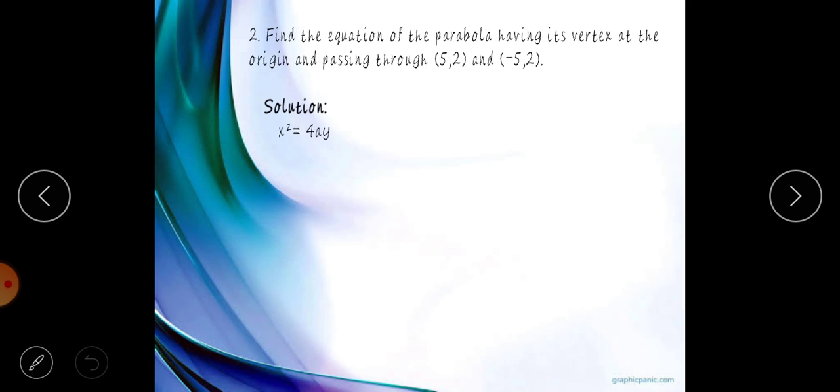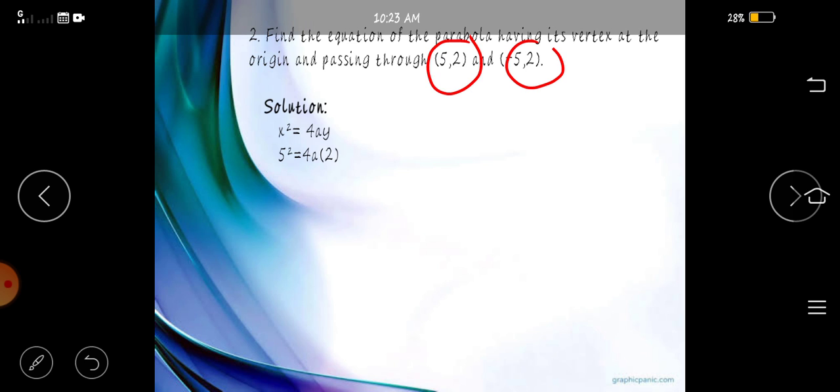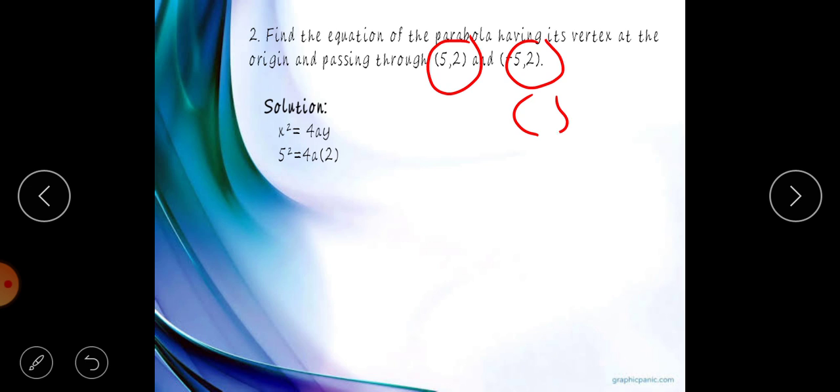To find a, we substitute the given points to x and y. You can use either of these two points. The 5 here is the x and the 2 is the value of y. So we substitute 5 squared, and the value of 2 in y.